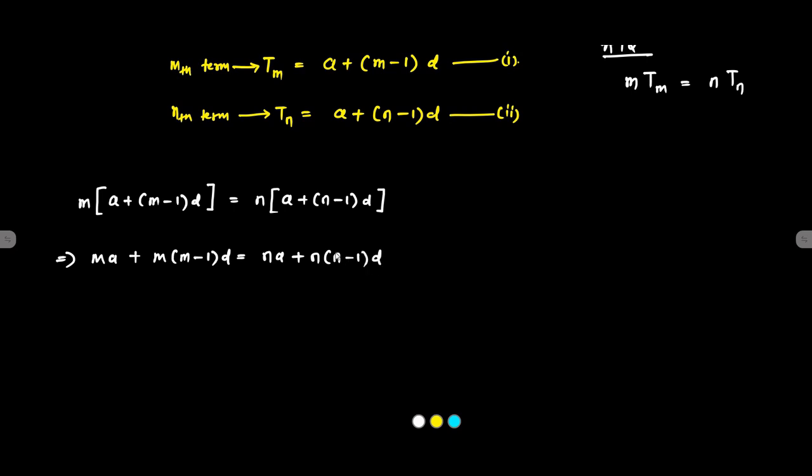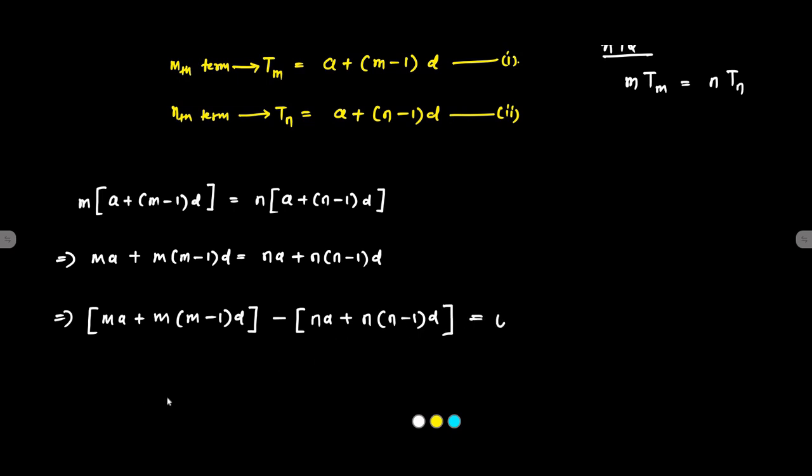Now we bring this to the LHS, so we have mA plus m into m minus 1 D minus nA plus n into n minus 1 D, that is equal to 0.